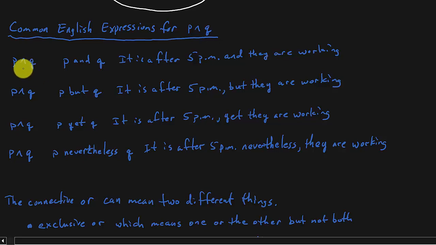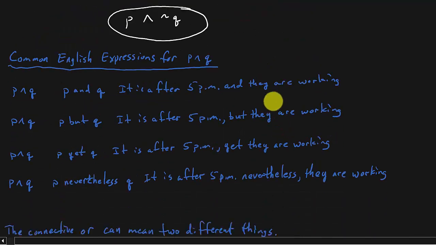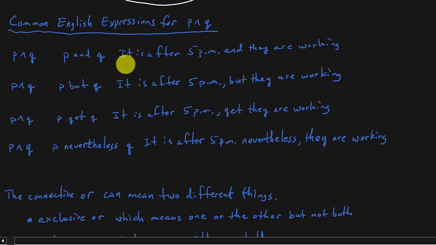This right here is P and Q. This is symbolic form, and this is how it would look, P and Q. And if we use the two statements above, it is after 5 p.m. for P and they are working for Q, then the way this would look is it is after 5 p.m. and they are working. That's how you would write this out right here.